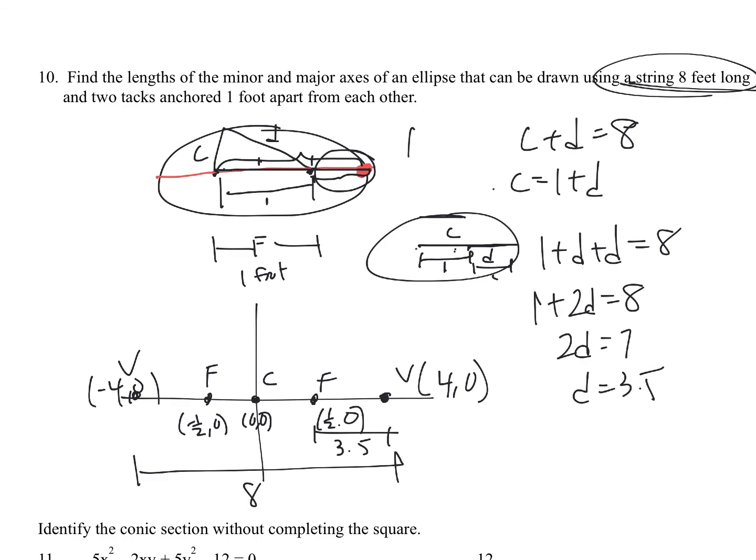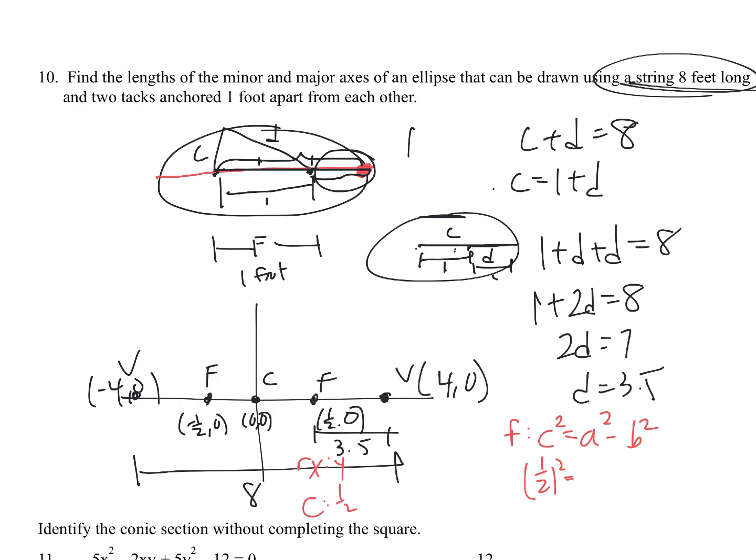Now to find the length of the other axis, it's actually a little bit easier now that we've done that component. That's actually the harder part. But now that we found it, we know that the x radius here is 4, and we know that the focus distance is 1/2. So if you remember the equation of the focus is c squared equals a squared plus b squared, or I'm sorry, it's minus in an ellipse. We know that this is 1/2 squared. And remember, a is the larger radius.